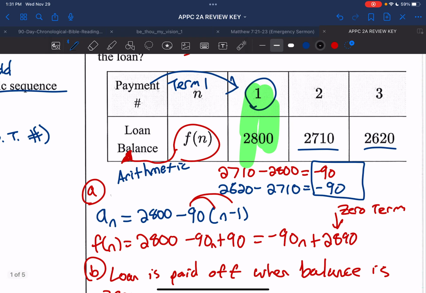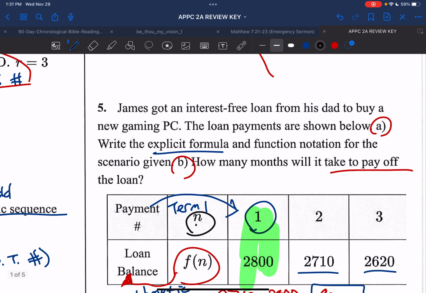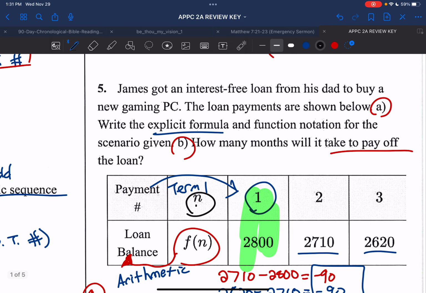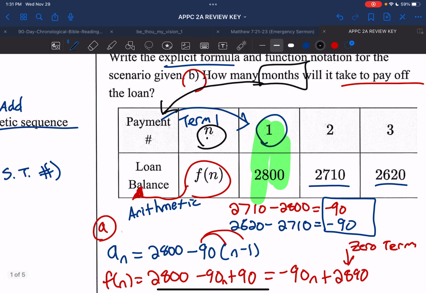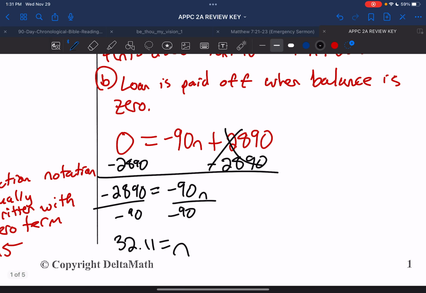And remember here, it says how many months will it take to pay off. So we're assuming here that each payment is 1 month, like you make a payment on each single month. So how many months will it take to pay off the loan? Well, right here, this is saying 32.11 months or payments.